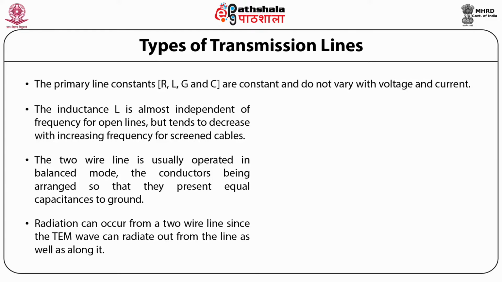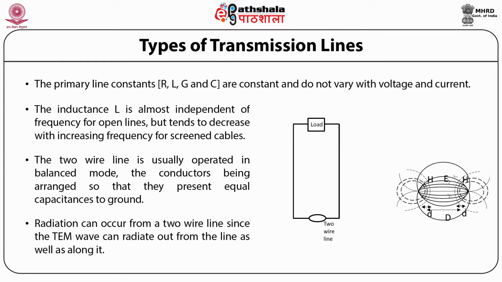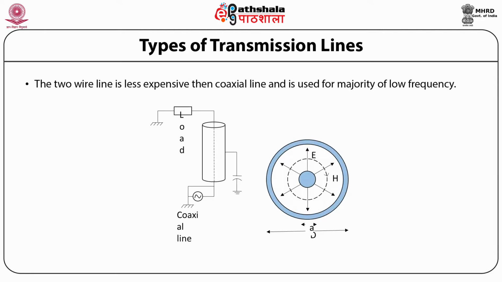Radiation can occur from a two-wire line since the TEM wave can radiate out from the line as well as along it, as shown in this figure. And the two-wire line is less expensive than the coaxial line and is used for the majority of low frequency signals.